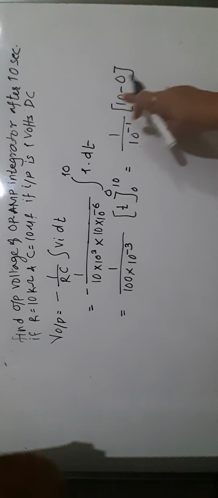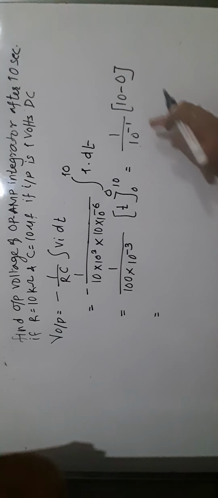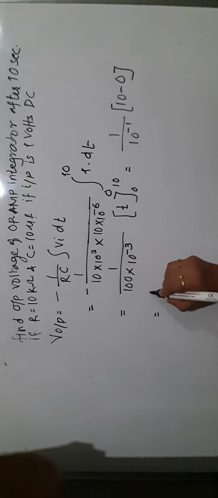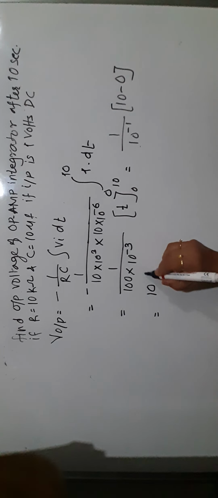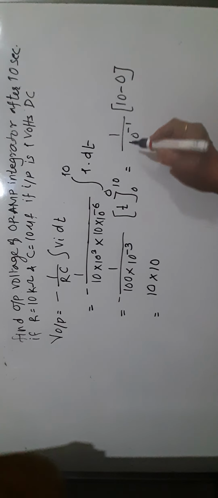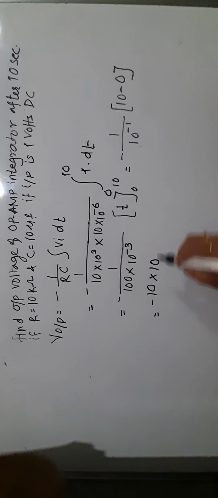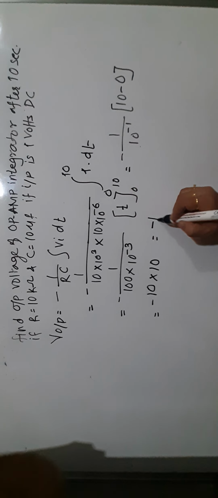So we can write 10 into 10, and the minus sign is always there, so equal to minus 100 volt.